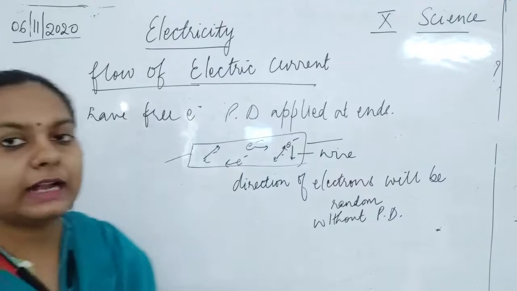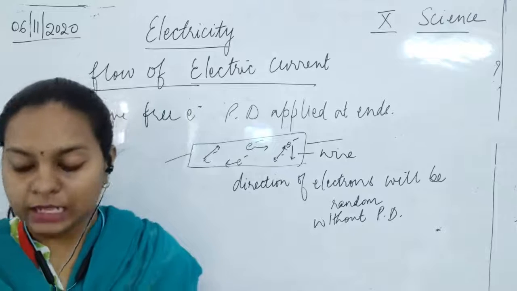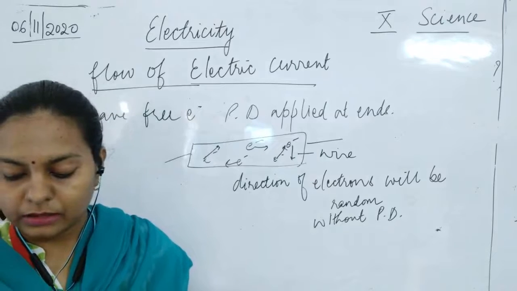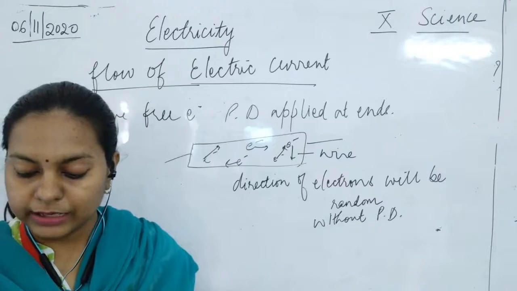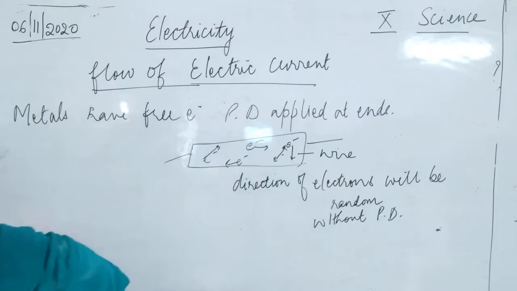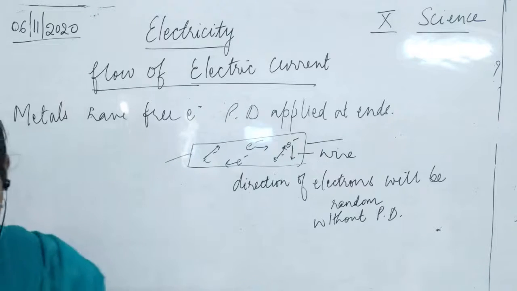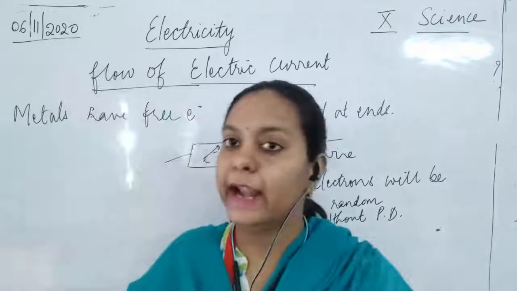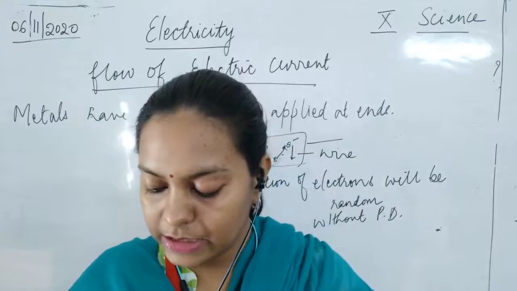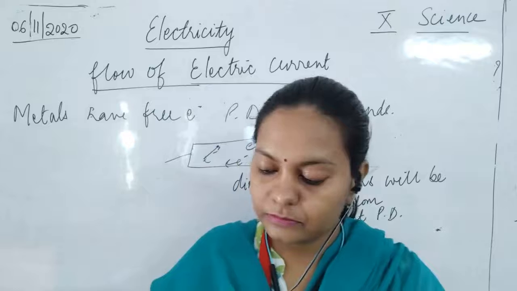Now, when the source of potential difference is applied, that is, a cell or a battery is applied, then what happens? Then the electric force acts upon the electrons present in the wire, and the electrons are negatively charged, so they start moving from the negative end towards the positive end just because of the repulsion.